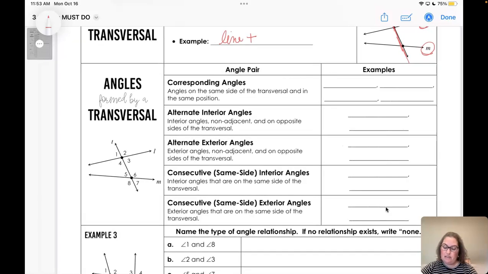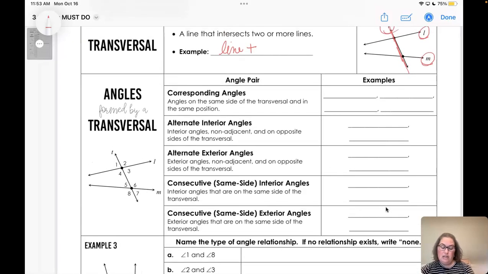So we've got some definitions down here, or some examples with our definitions. So angles formed by the transversal, corresponding angles are something we're going to need to learn. All of these on the left over here, 1, 2, 3, 4, 5, 6, 7, 8, they're all pairs that have certain relationships.